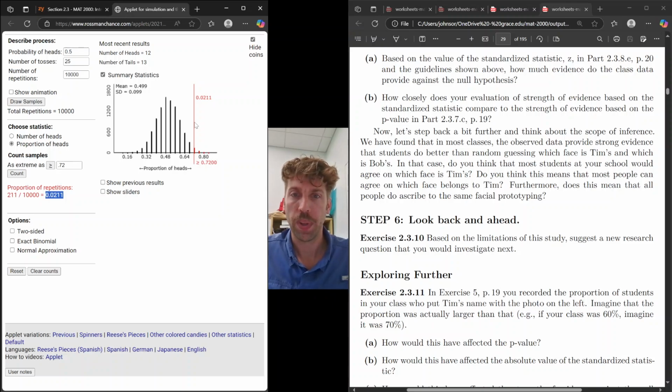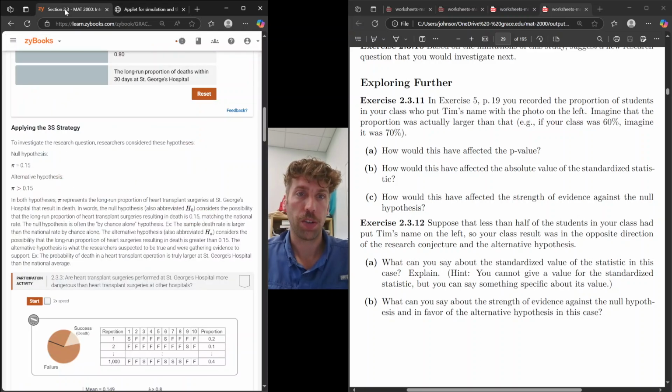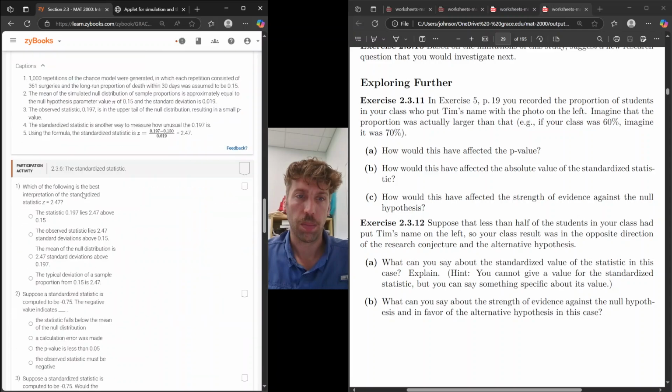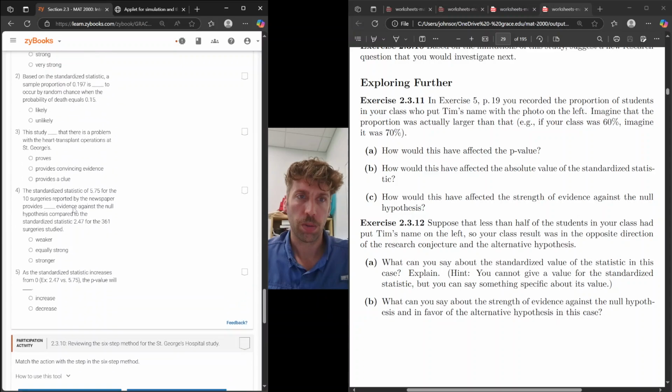And then number 11: in exercise 5, you record the proportion of students in your class who put Tim's name with the photo on the left. Imagine the proportion was actually larger. These questions, 11 and 12, correspond to your reading, the bottom before the challenge, right here.